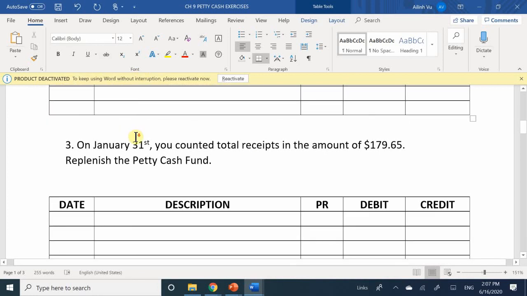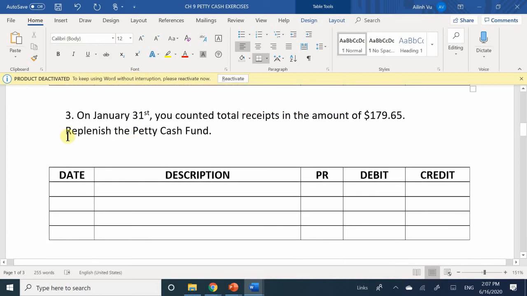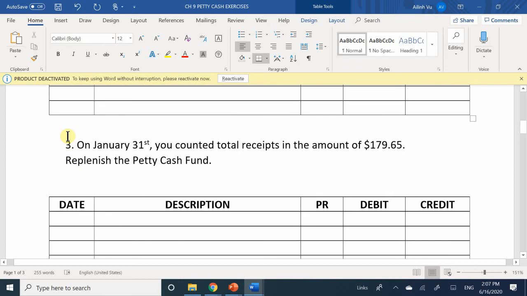Okay, so here for question number 3, on January 31st, you counted total receipts in the amount of $179.65.